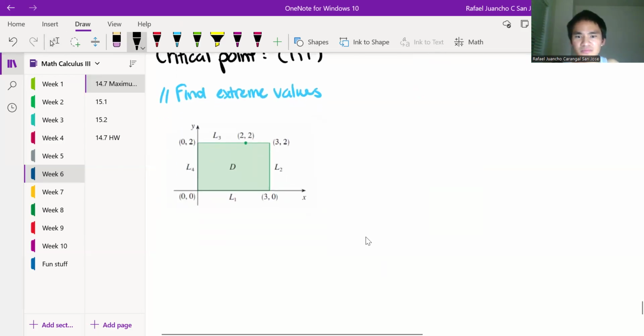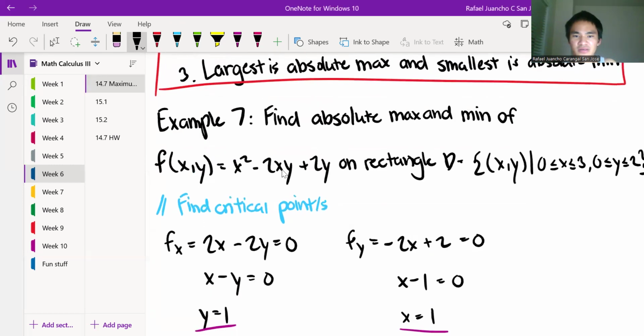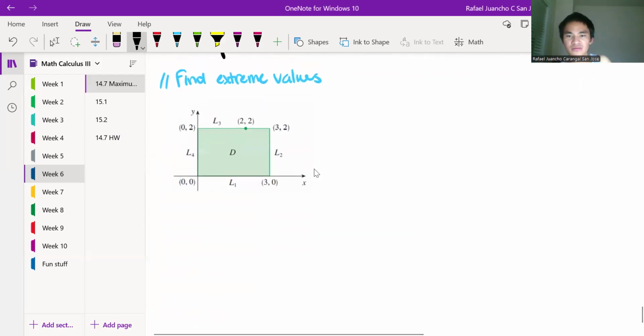So it has 4 line segments, L1, L2, L3, L4. On L1, we have y equals 0, right? So f of x, 0 is x squared, because if we plug it in here, f of x, 0 is x squared. And we're saying that it's bounded 0 to 3.